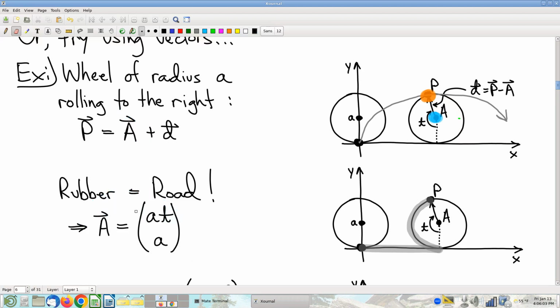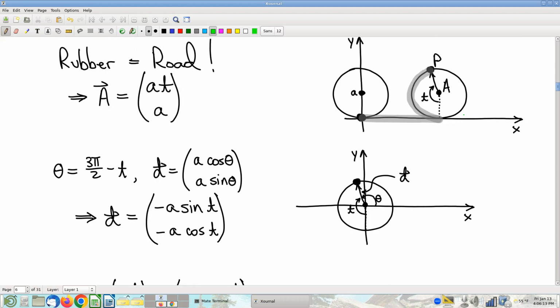Okay, next question. I need to understand these green arrows here. How do I understand the green arrows? Well, keep in mind those green arrows, I can draw them anywhere I want because I'm interested in vectors, not arrows. So I draw it in standard position. Standard position has the nice feature that the head is the point.